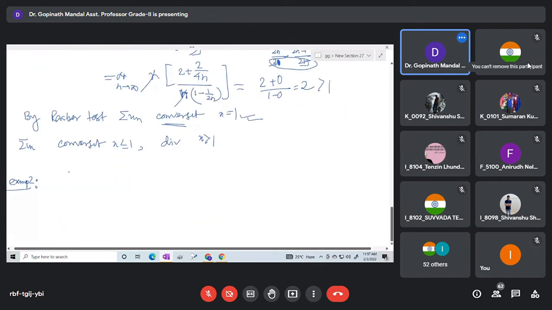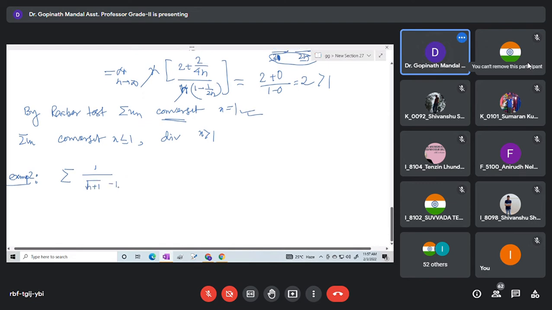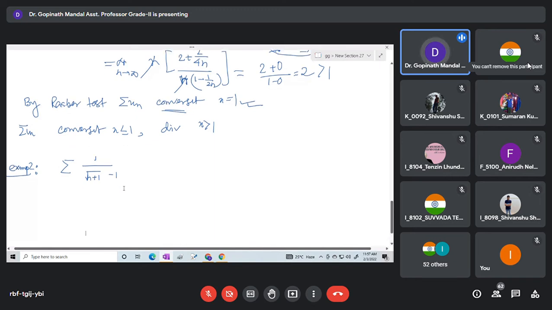Example 2. Test the convergence of the series 1 by root n plus 1 minus 1. So first check by D'Alembert's ratio test.